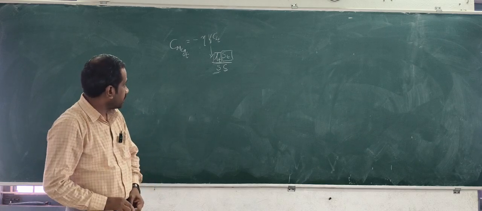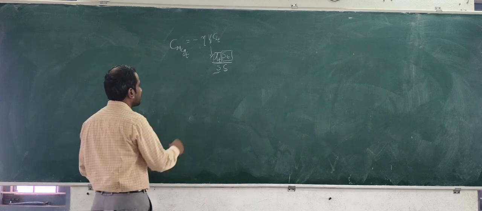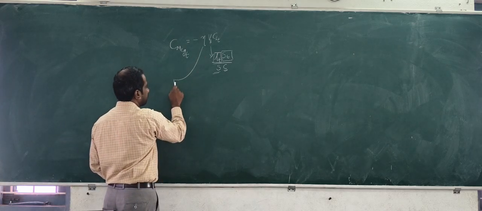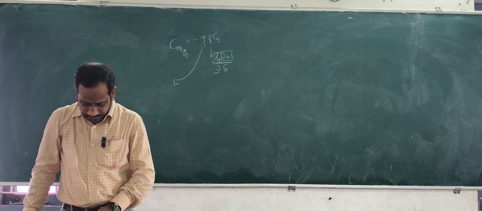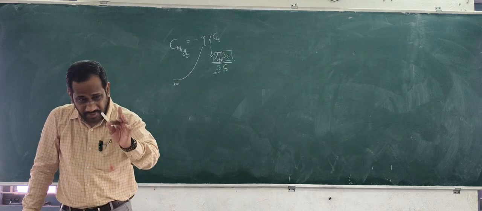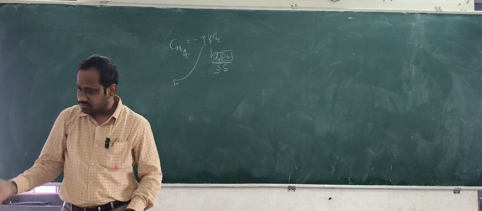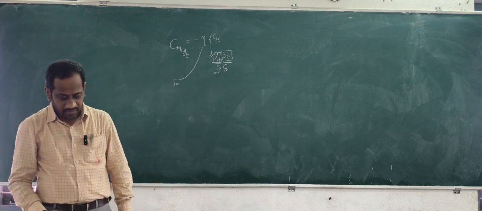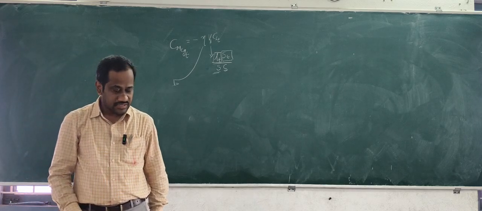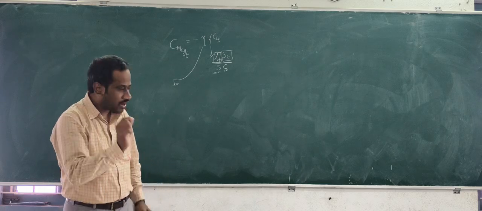Now we will try to understand it in further detail and open up into further details. So from the diagram, we'll try to rewrite this into a different format. Look at the diagram.